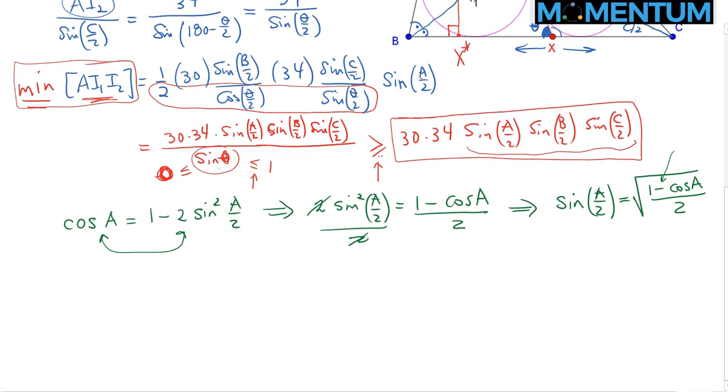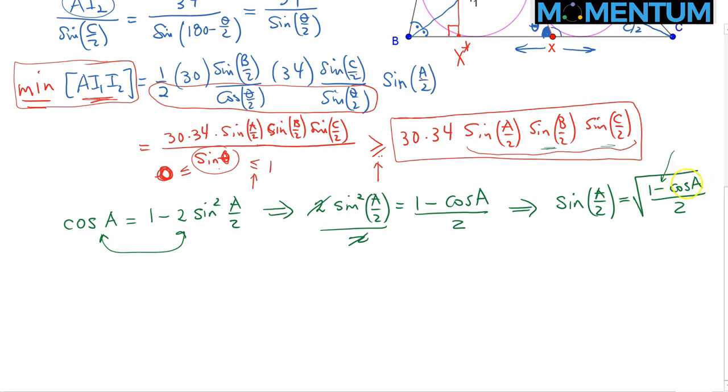And finally, we can just find corresponding expressions for sine B over 2 and sine C over 2 as well, no doubt. So therefore, it's a good idea that we just multiply these expressions now, right?